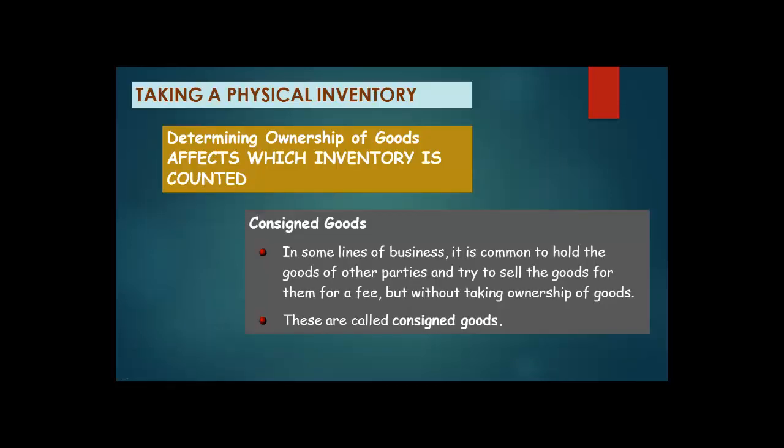The other situation is consigned goods. Consigned goods are where a seller puts his goods in another shop, not a shop owned by the seller. The shop's job is to try and sell the goods for a fee. They'll get a fee, but they never take ownership of the goods.